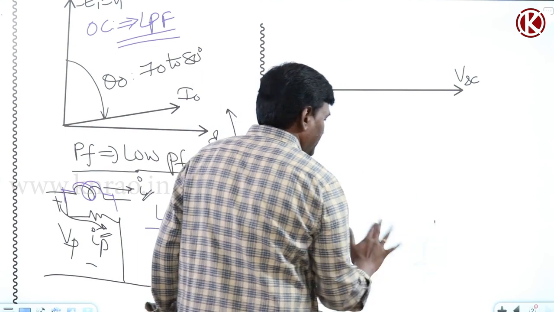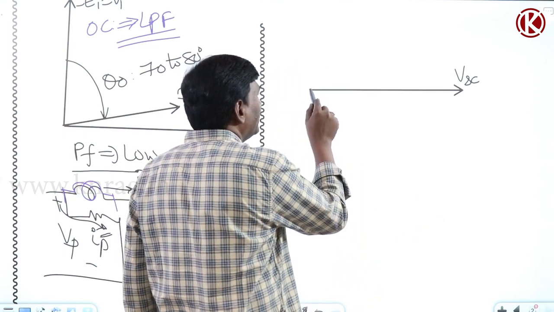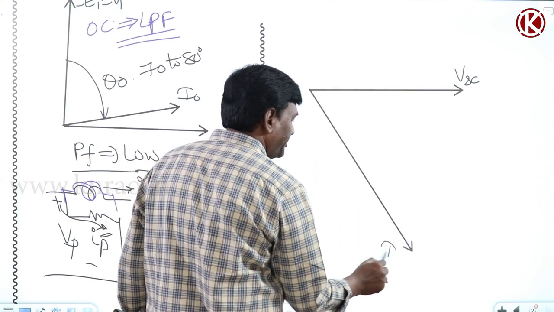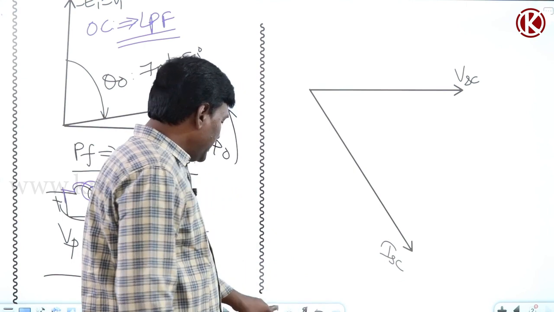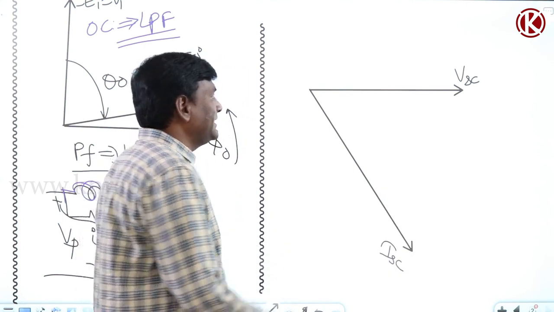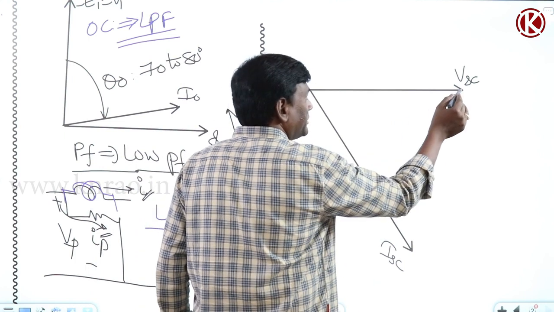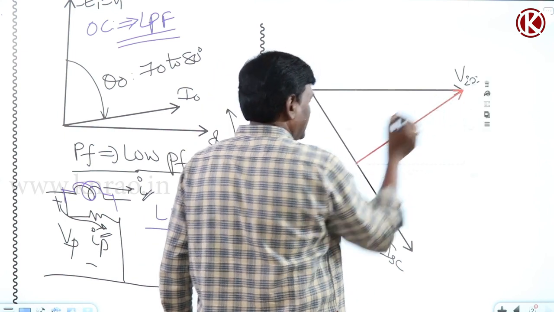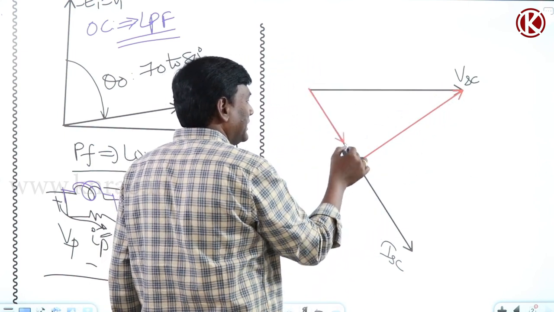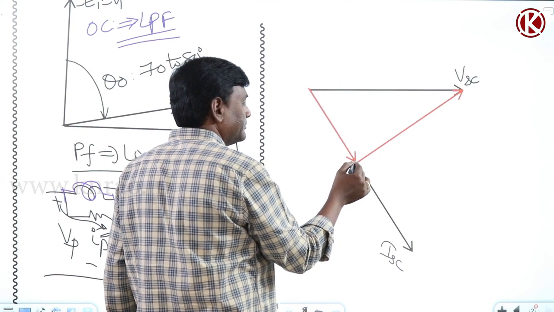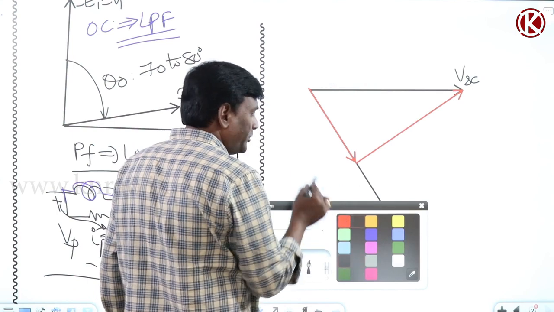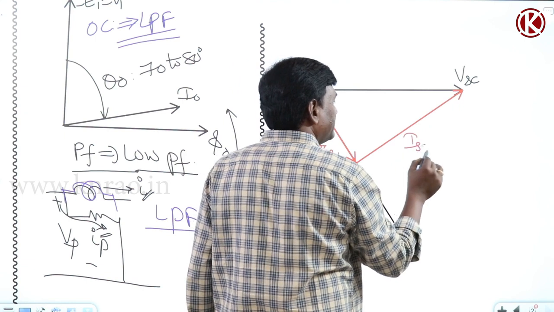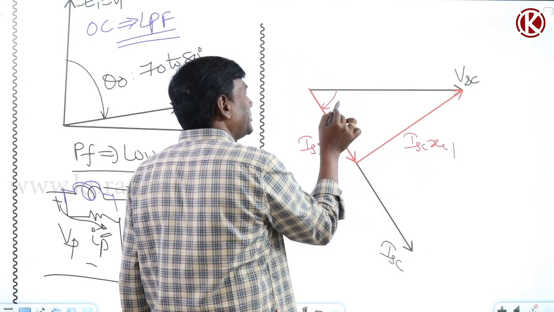Now let me take ISC a bit larger, not a problem. This is going to be ISC. Now ISC into RE1 is 90 degrees to here. So this is going to be ISC into RE1 plus ISC into XE1, and this angle is theta SC.